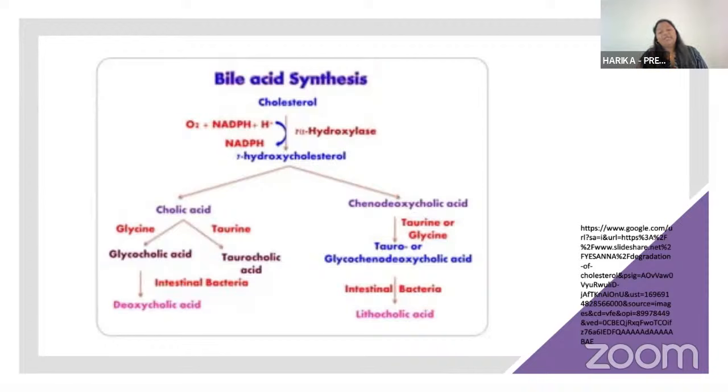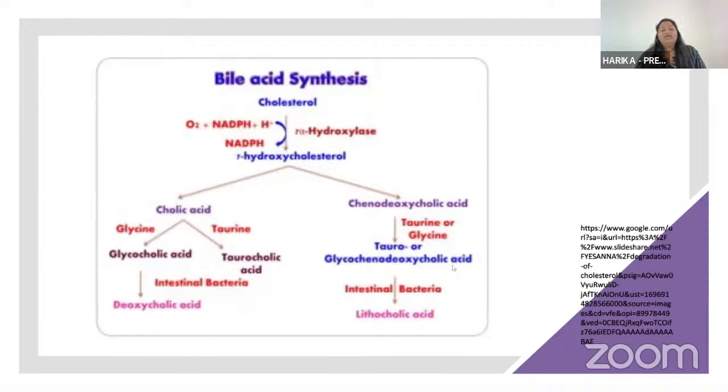Coming to chenodeoxycholic acid, in the presence of either glycine or taurine, it converts into taurochenodeoxycholic or glycochenodeoxycholic acid. The same process, same reactions, but the end products of this synthesis are different.